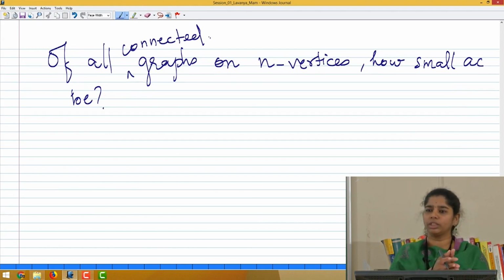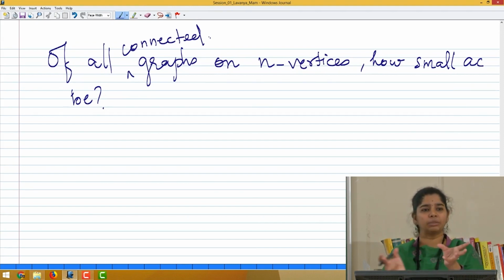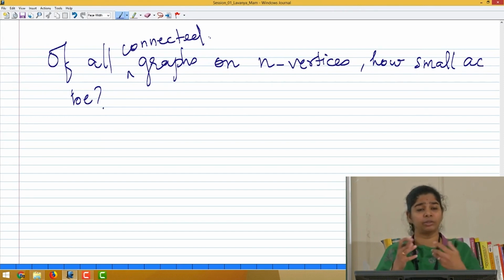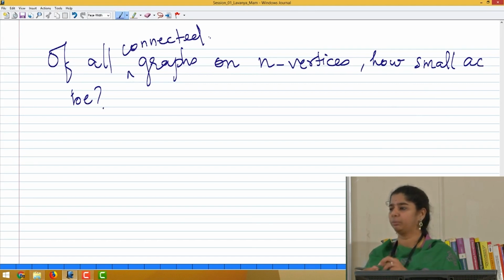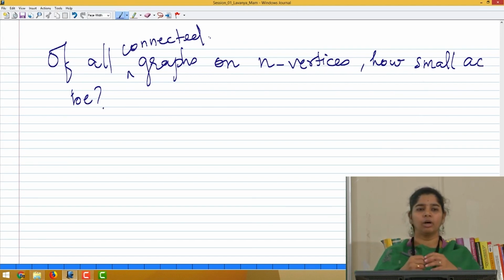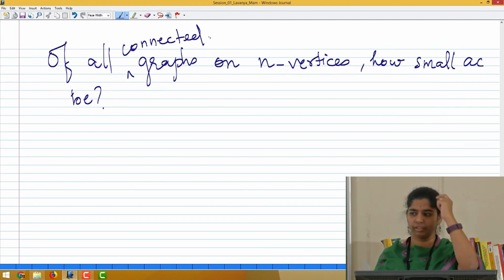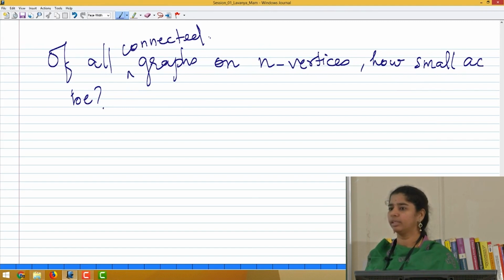Where can I expect this range to be, and which class is going to satisfy this small value? Is it a class or just a single graph which would satisfy, like K n, which is a single graph with a different property?